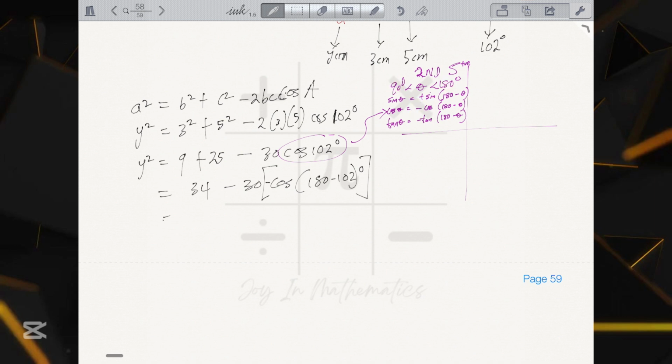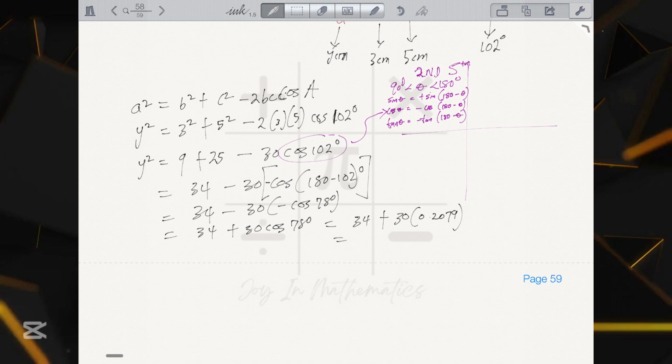So this will give us 34 minus 30 into minus cos 180 minus 102 degrees, which is 78 degrees. So multiplying the negatives, we would have 34 plus 30 cos 78 degrees. Cos 78 degrees using our calculator is going to give us 0.2079.